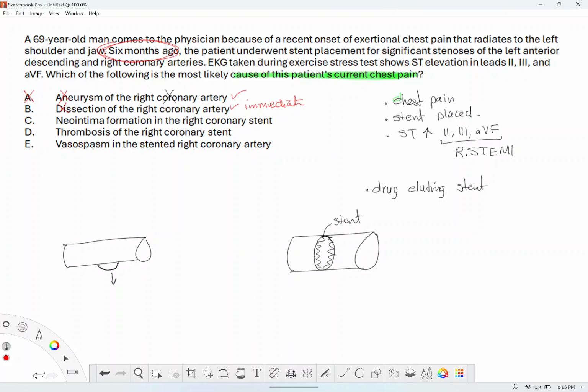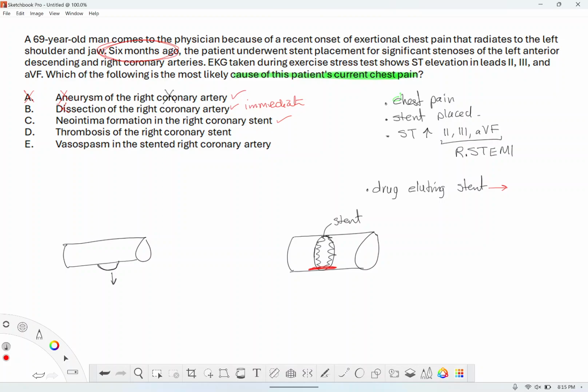Neointima formation in the right coronary artery. Yes, as the stent is, remember, covered with endothelium. So that's neointima. So that's possible. Okay, that can happen. It takes time. Thrombosis of the right coronary artery, but as I told you, most stents are drug-eluting stents. They release a drug slowly to prevent thrombus formation.